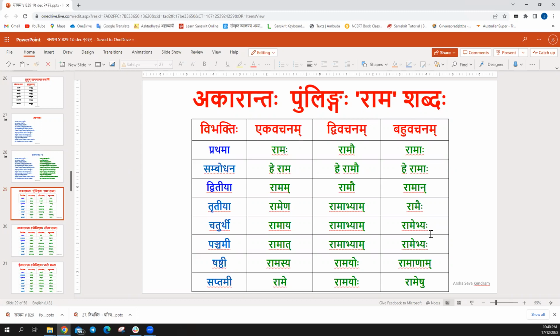Sambodhana vibhakti: He Shiva He Shivau He Shivaha. Dvitiya vibhakti: Shivam Shivau Shivan. Tritiya vibhakti: Shivena Shivabhyam Shivaihi.